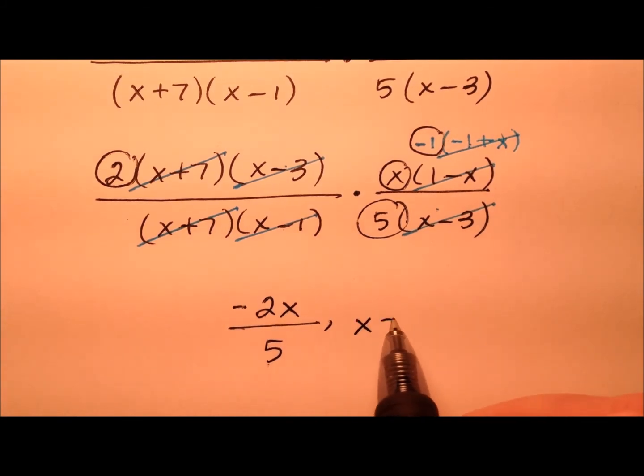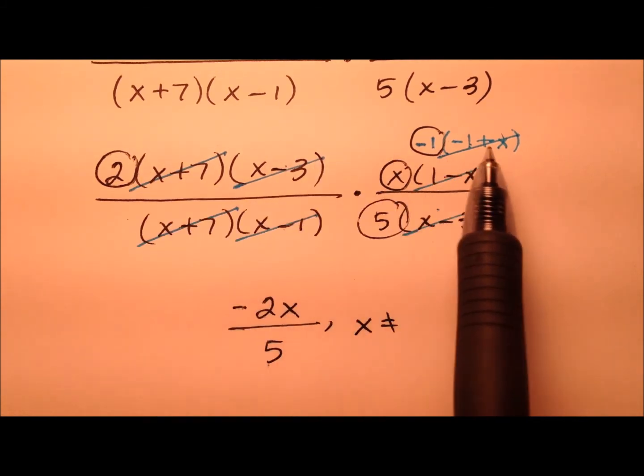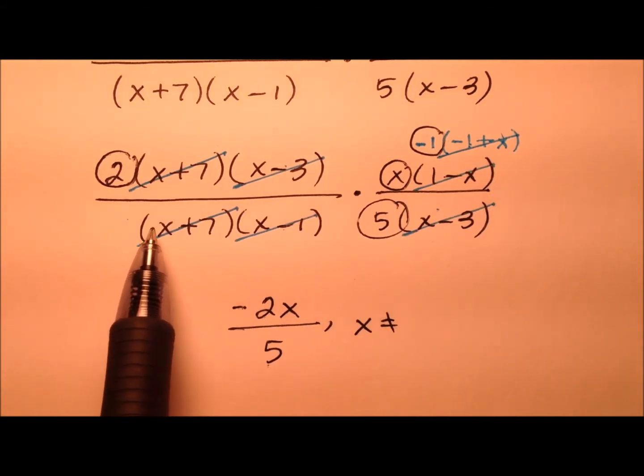But of course, I also need to concern myself with values of x that we cannot use because ultimately they'll make the denominator of one of these expressions 0, or make the expression undefined. So let's look to see what we factored out and what we canceled.